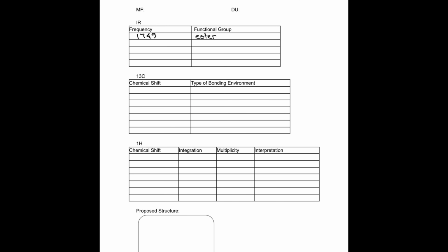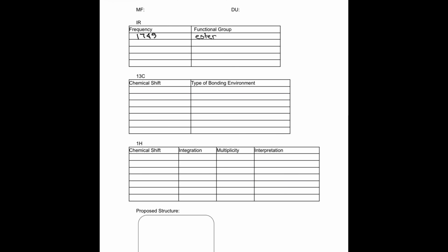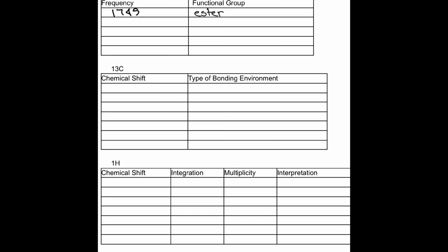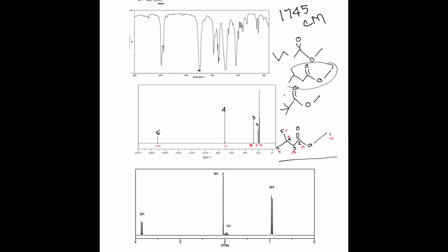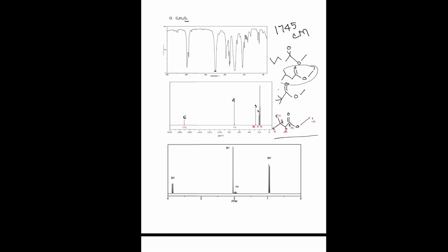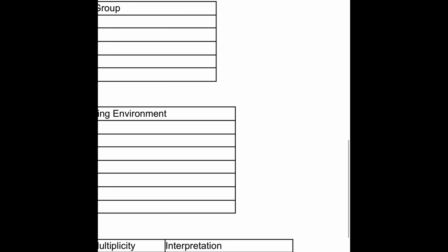So now we are just going to fill out that 13C NMR chart here with the corresponding information that we have. I'm just going to go ahead and redraw the structure that we determined could be a possible structure, drawn like this.